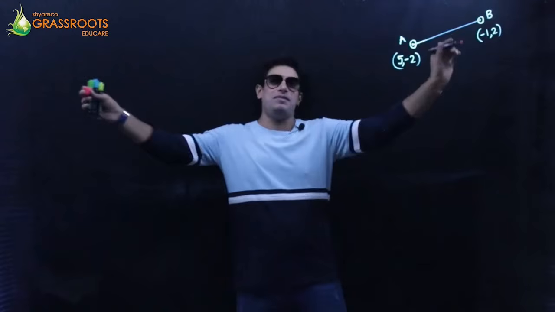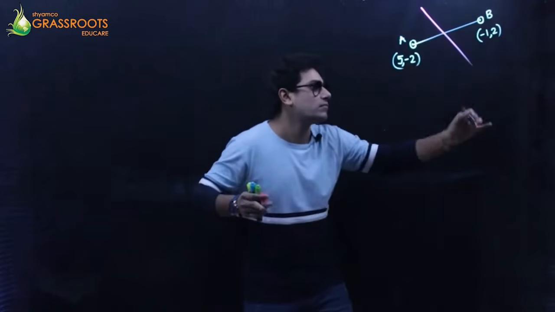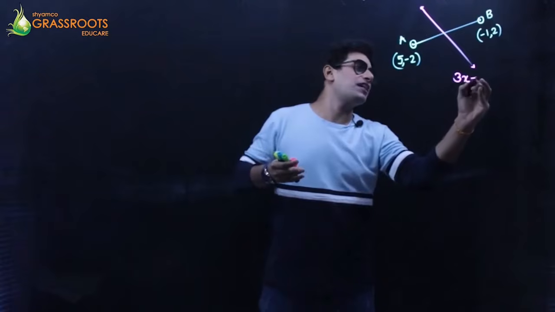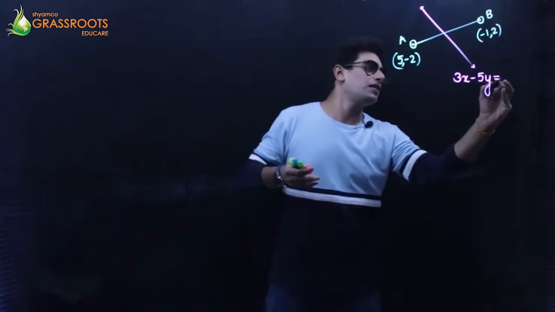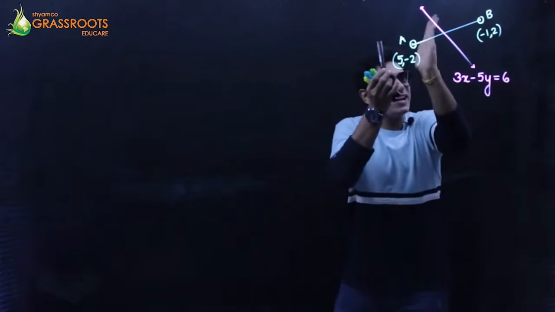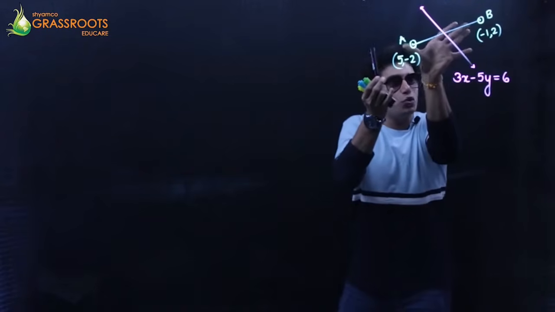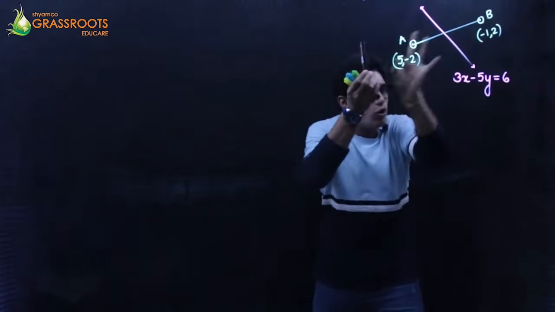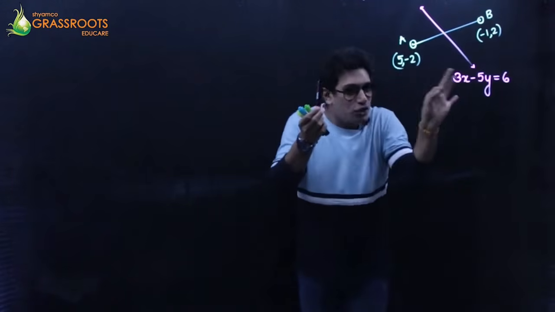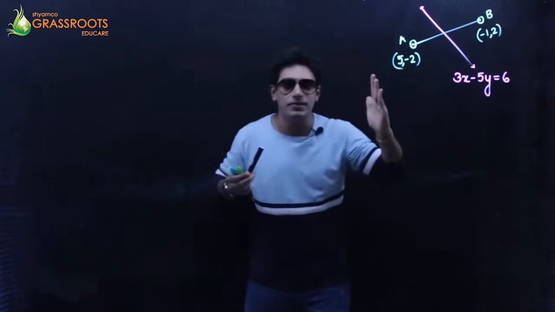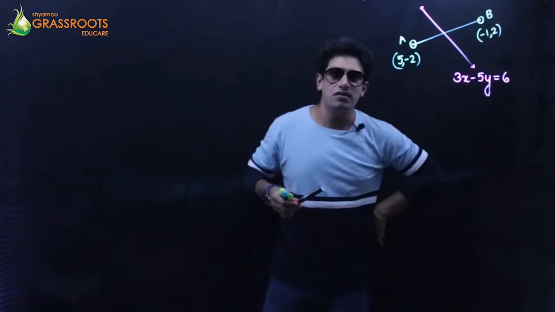Does the line 3x minus 5y equal to 6, a random line, something like this, bisect the join of the 2 points? Look, there are 2 points, and I have joined them. Does this line cut the join into 2 equal parts?